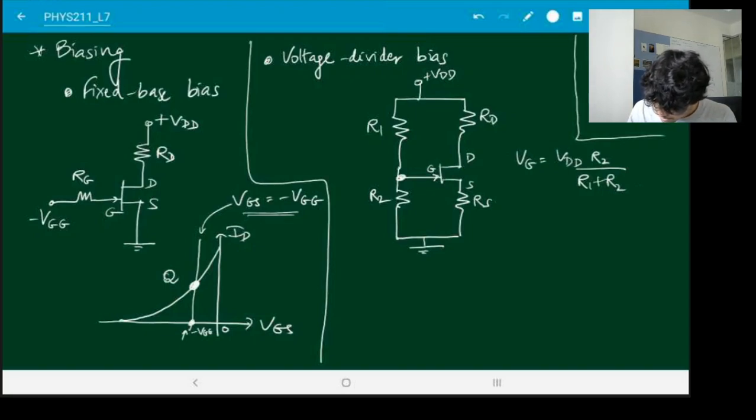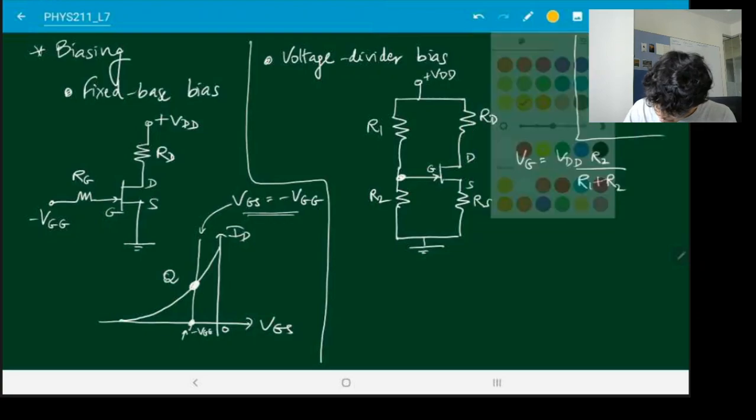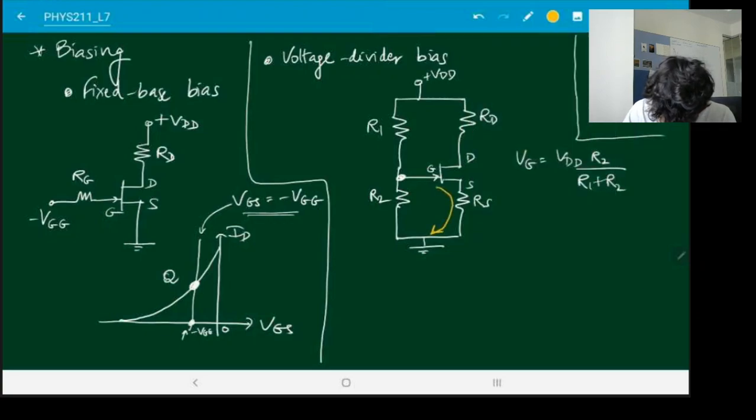So this is VG, and if you apply Kirchhoff's voltage law over here, then what you get is VG is VGS plus the drain current flowing through RS.